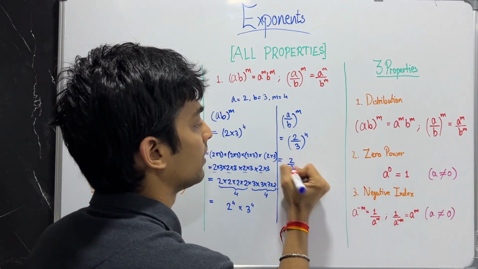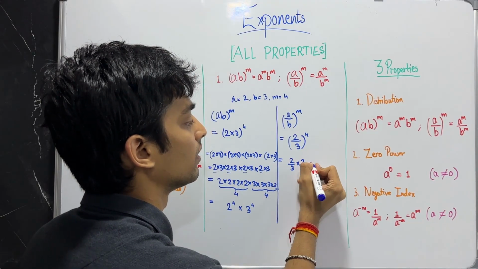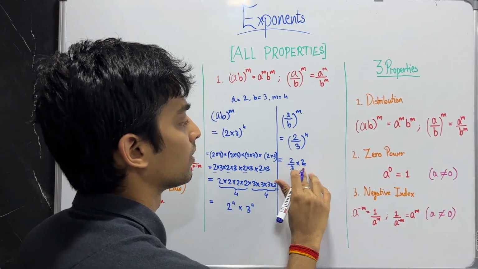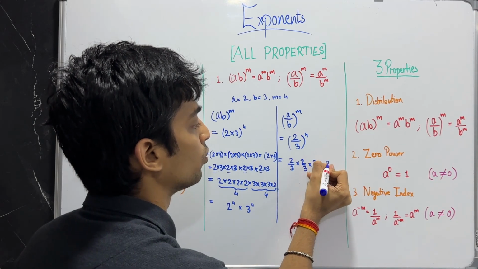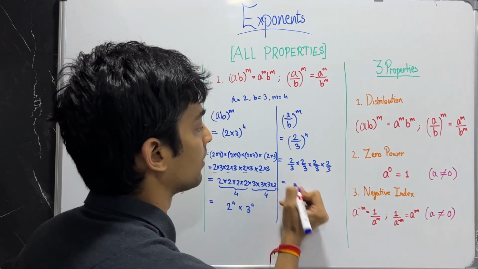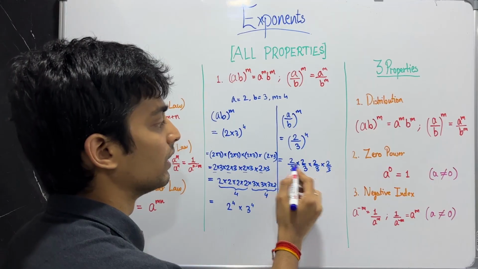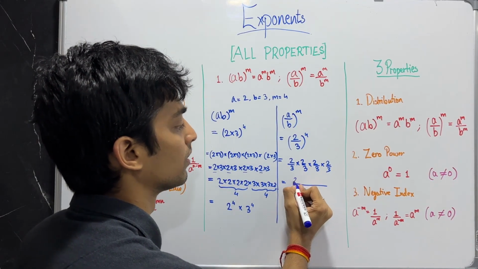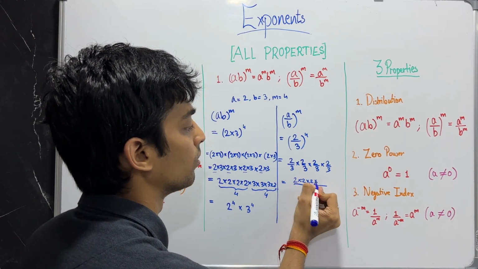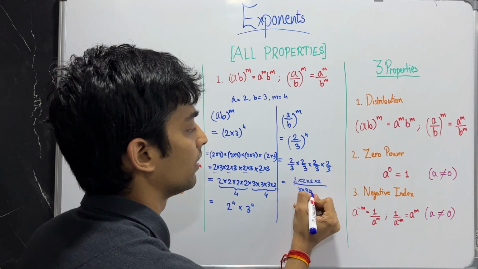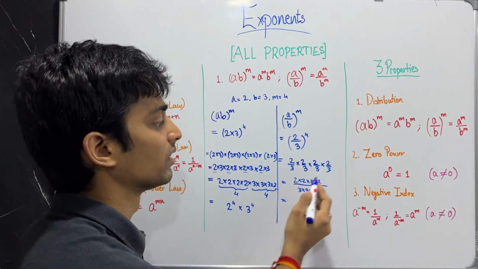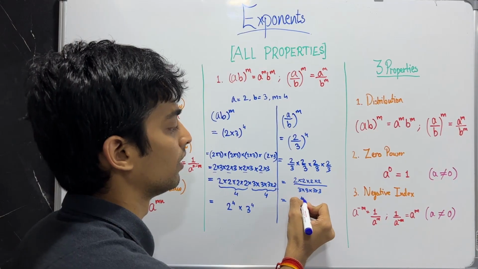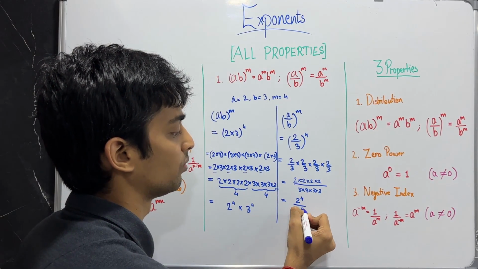So 2 by 3 into 2 by 3 into 2 by 3 into 2 by 3, right? Now we can simply write it like this: 2 into 2 into 2 into 2 upon 3 into 3 into 3 into 3. Now same thing, this we can write as 2 raised to 4 upon 3 raised to 4.